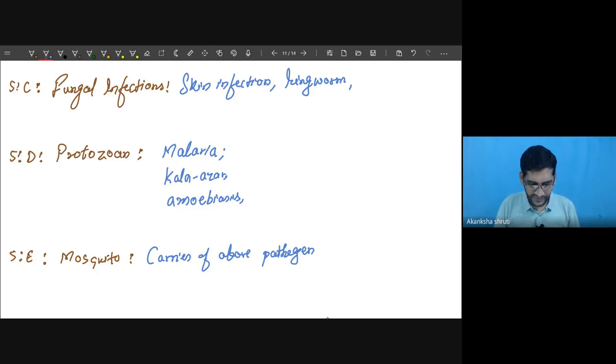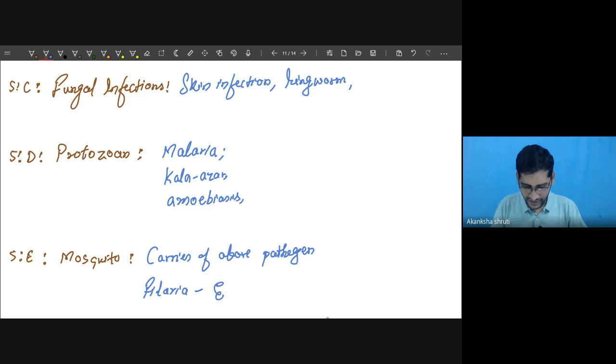The other could be your filaria, in which the limb where the filaria occurs gets swelled to a very high thickness, so that the limb, even the leg or the hand, starts to appear like an elephant leg or elephant limb.